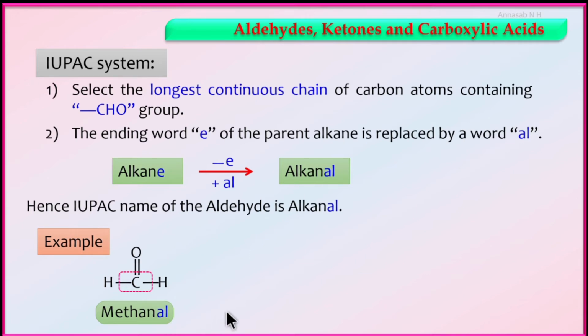So the name of the compound is methanal. Second example, CH3CHO. As it is a 2 carbon compound, the alkane name is ethane, the ending e is replaced by al, ethanal.